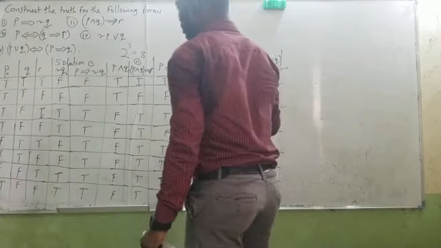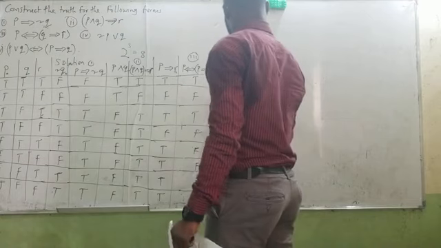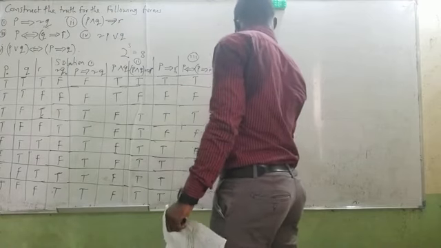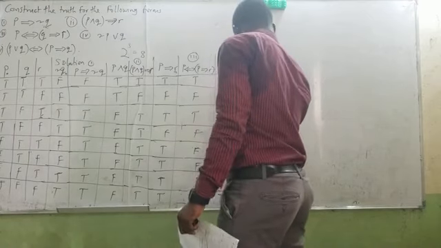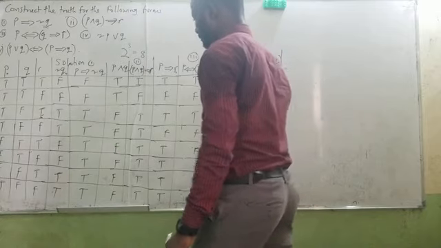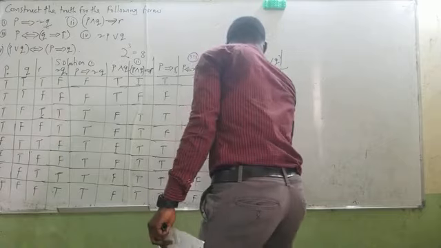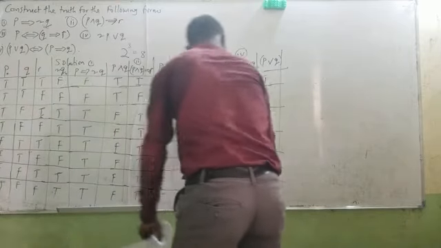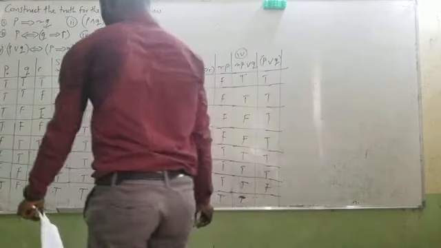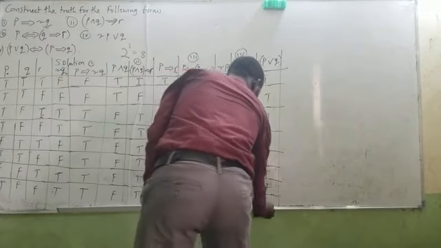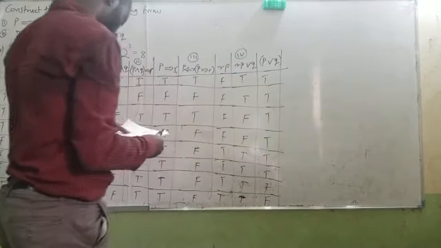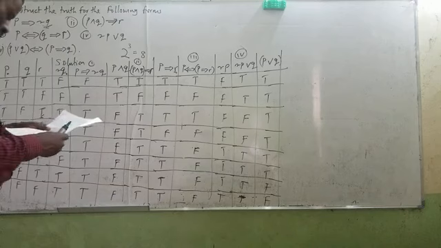True, true, true, true, true. P or Q, true. False, false, false. And false, false, false. P or Q, true, true, false, false.